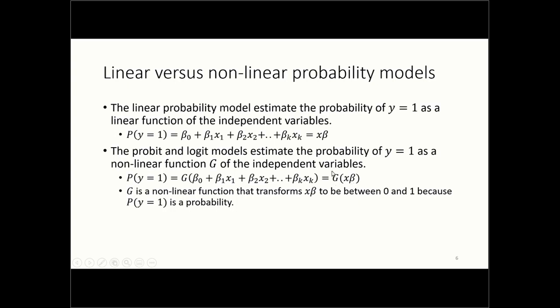So now this g function would be a nonlinear function that transforms this x beta to be between 0 and 1. And we need that because this probability of y equals 1 is a probability, so it needs to be bounded between 0 and 1. So this g function picks up any number, x beta, which could be from minus infinity to plus infinity, and transforms that number, whatever that number is, to another number that is between 0 and 1. So we can actually interpret that as probability.